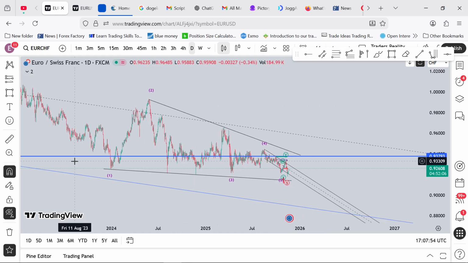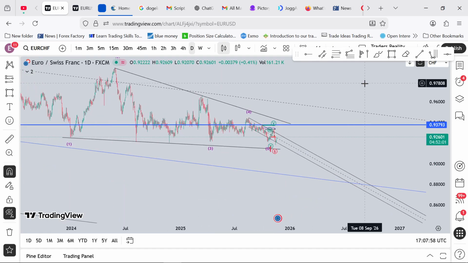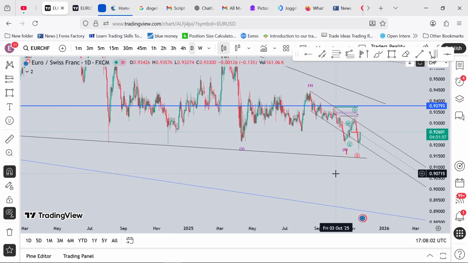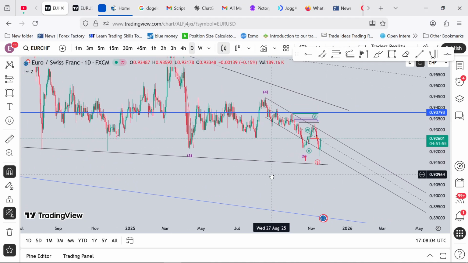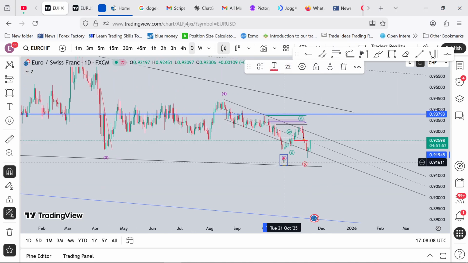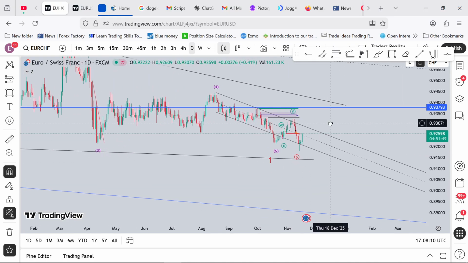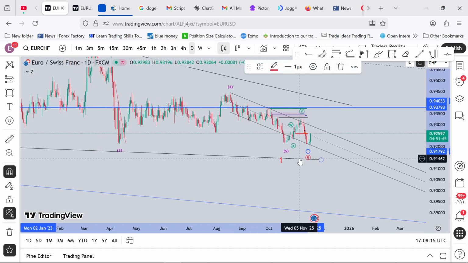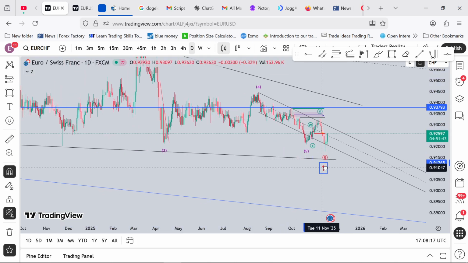To me, this is an ending diagonal. 1, 2, 3, 4, 5. Very choppy. I could be wrong here.